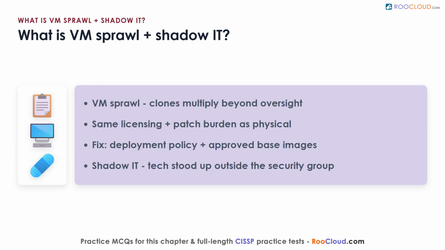This connects to shadow IT, technology stood up by a team without the knowledge of management or the security group. Shadow IT skips your policies, misses patches, and quietly leaks sensitive data. Think of a spare fridge someone plugs in behind a filing cabinet. Nobody budgeted for it, nobody cleans it, and eventually something inside goes very wrong.